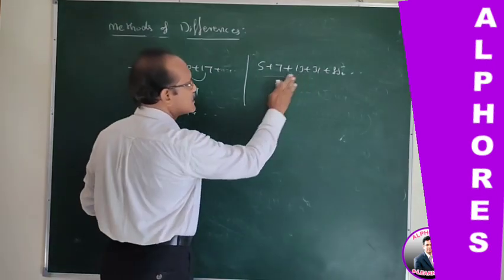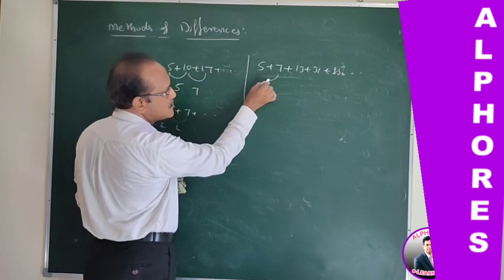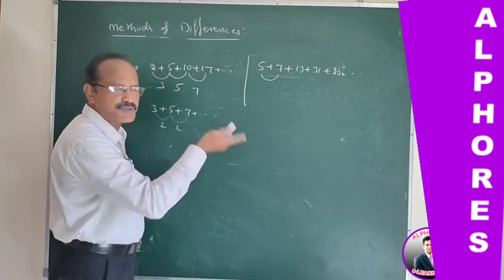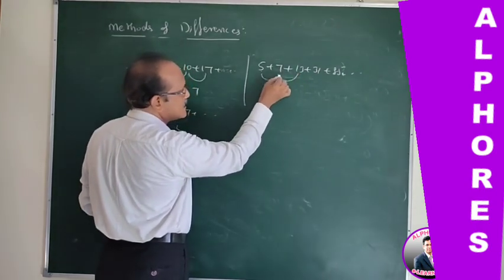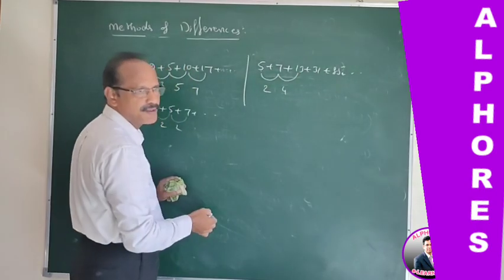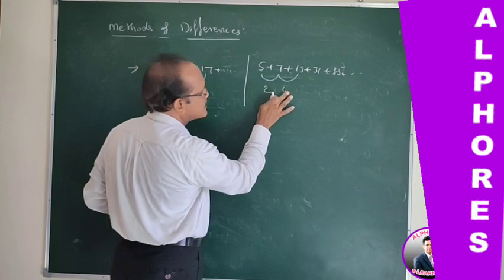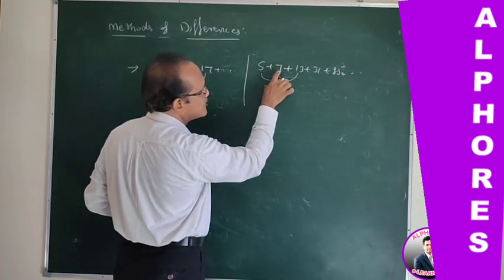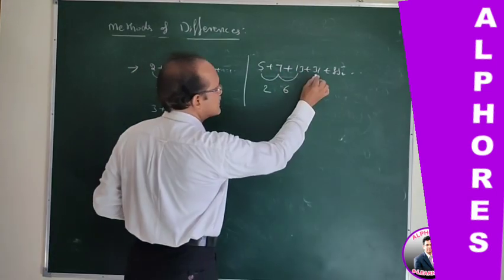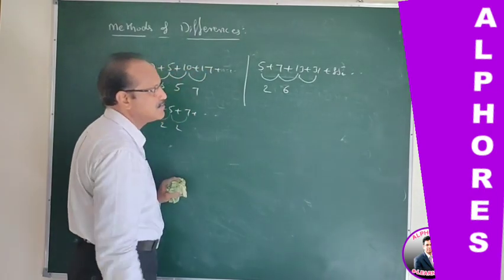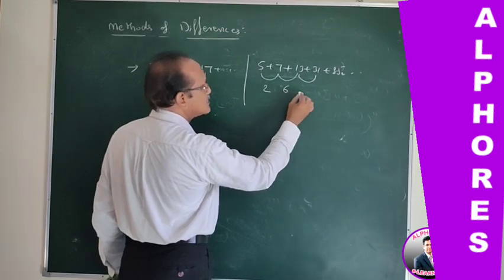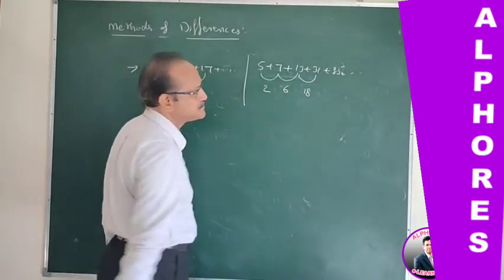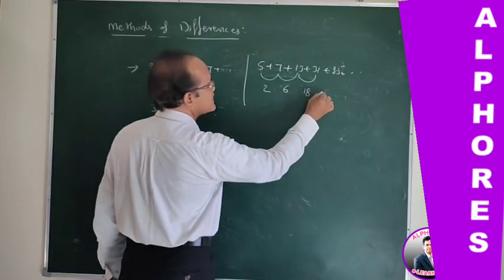So now I am checking the difference between the successive terms. 7 minus 5, 2. 13 minus 7, 6. And 31 minus 13, that is 18, etc.